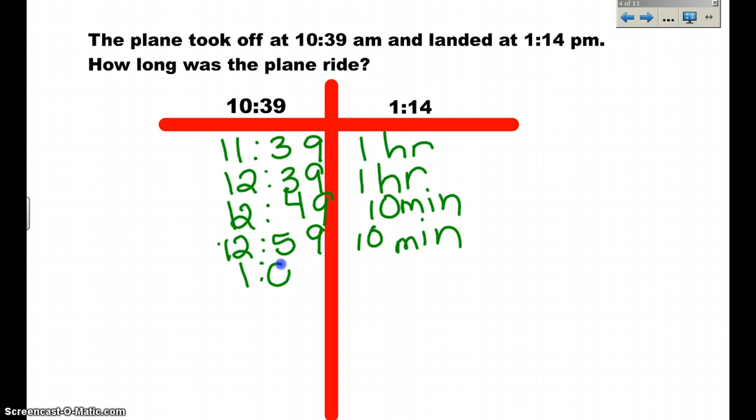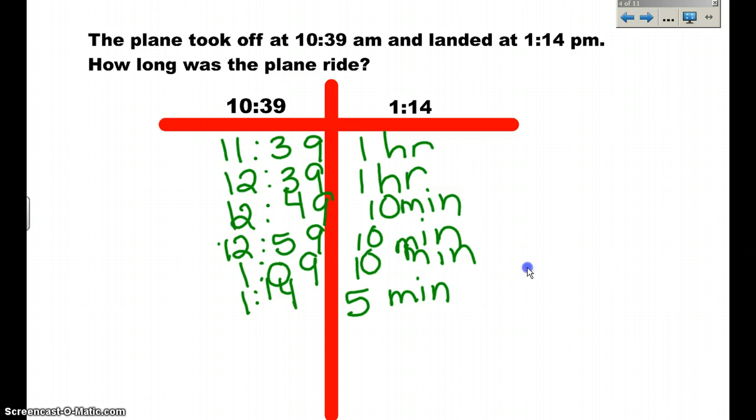So now I've got 1:09, and again, I'm banking 10 minutes. And my next 10 would be 19, and that is too many. So I'm going to write my ending time down, 1:14. So from 9 to 14 is 5 minutes. And I'm done. I've started at 10:39 and I ended at 1:14.